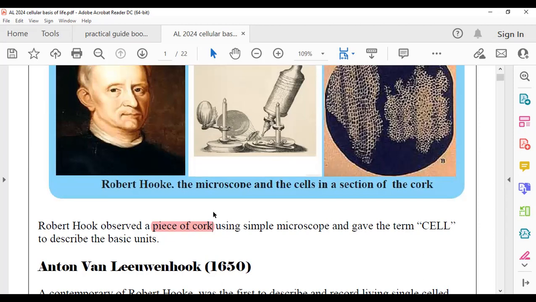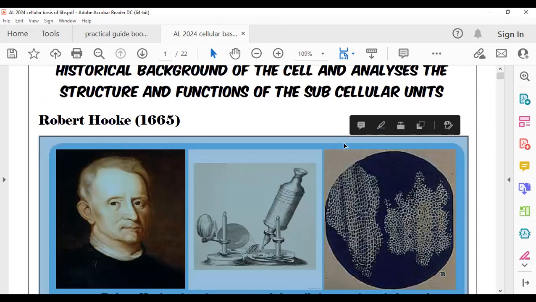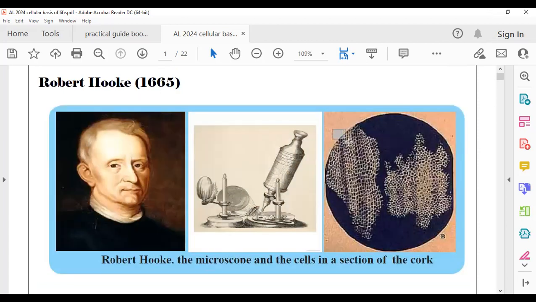The cells present in cork are what kind of cells? Dead cells. So the first observed cells are dead cells. When he observed it, as in this right side picture, he noticed several cage-like structures.